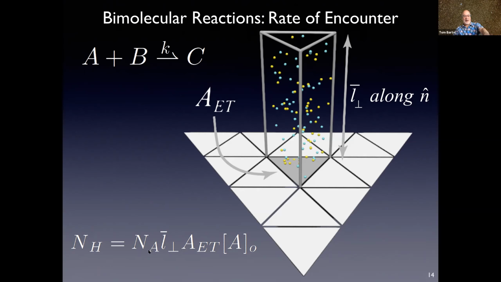I made a slight gaffe in my explanation of this, right? So this quantity here is the total number of particles that are inside this box, inside the prism. So Avogadro's number times the volume of the box times the concentration, that's the total number of particles in the box.